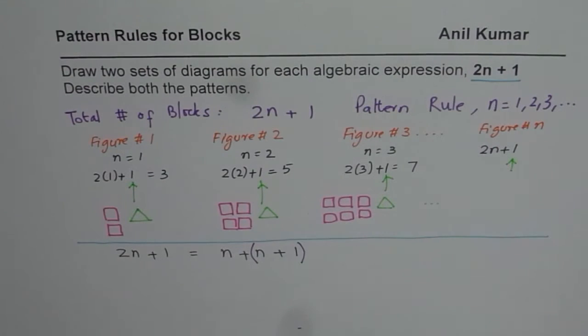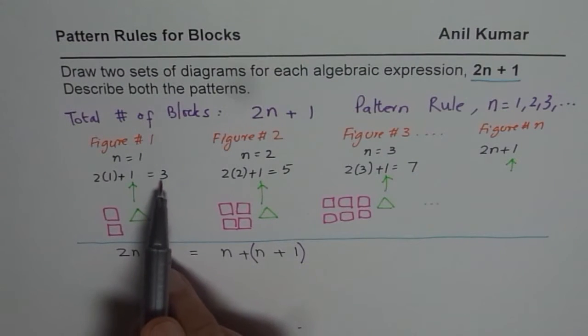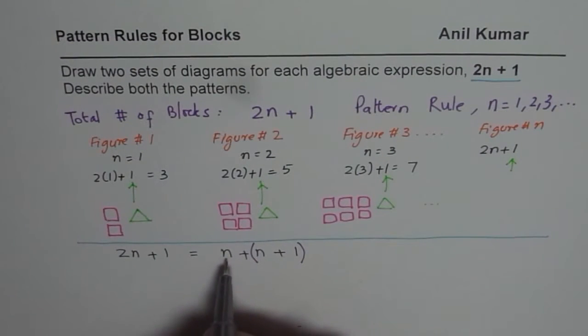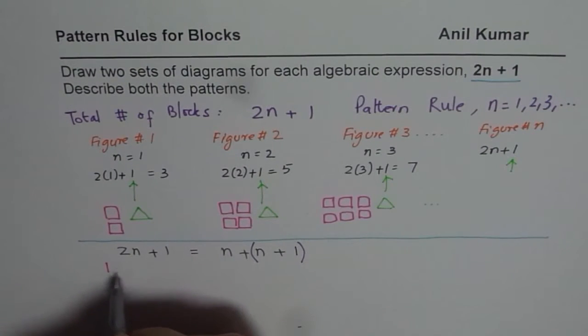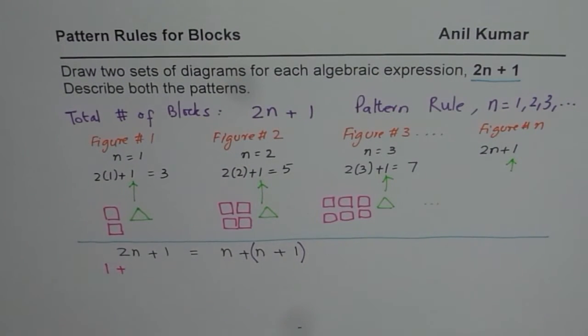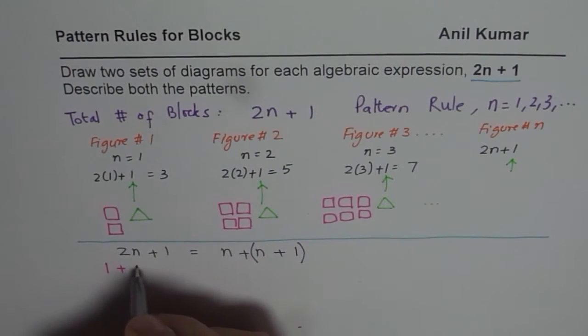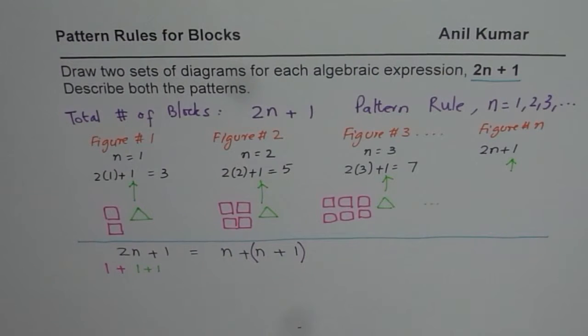So I'll change the other one a bit. So what I will do here is, in this case, I will begin with n equals to 1. I have total 3 blocks, but since n is 1 in this case, so I have 1 plus, let me write within brackets, the other number, which is 1 plus 1. Do you get the idea, right?